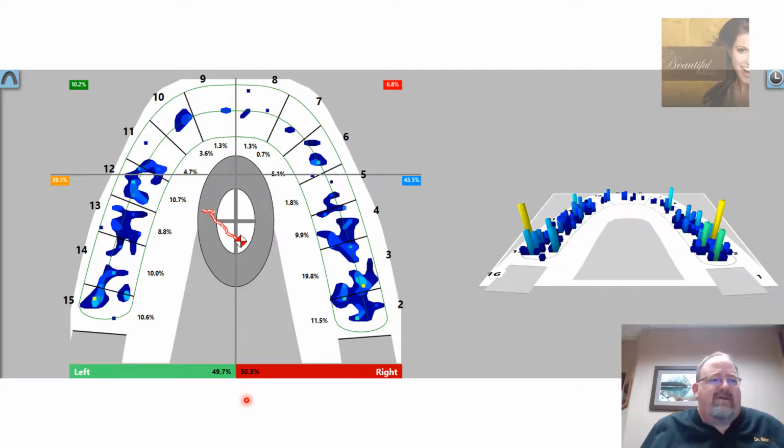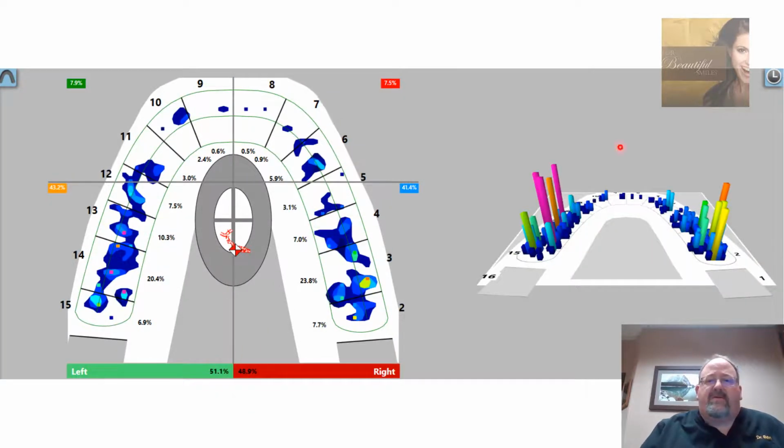And as a patient, you have to be your own advocate. Now, interestingly enough, this particular patient was unaware that her bite, she could not feel this right here. So just relying on patients to tell you how their occlusion is set up, not reliable.